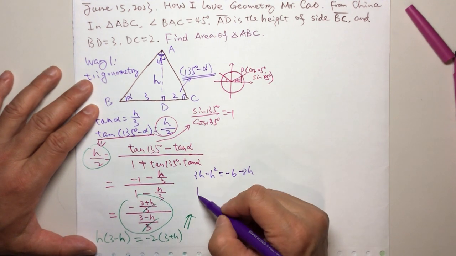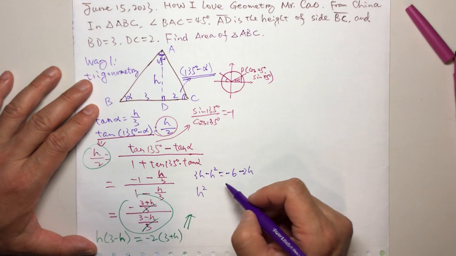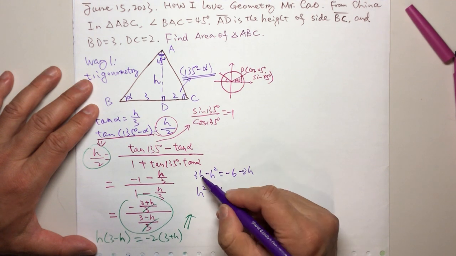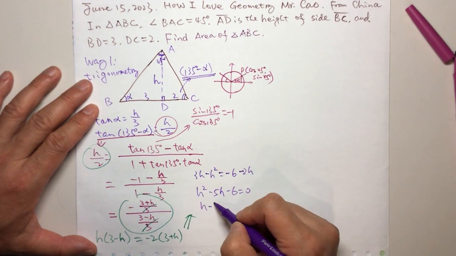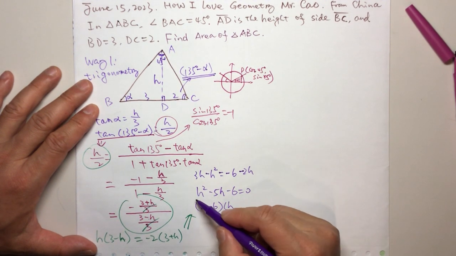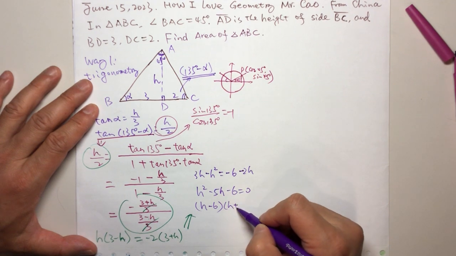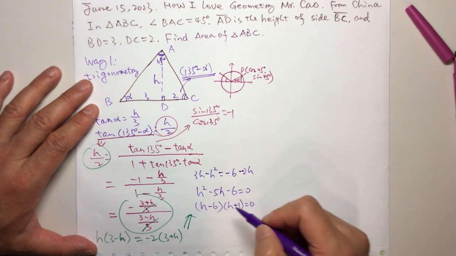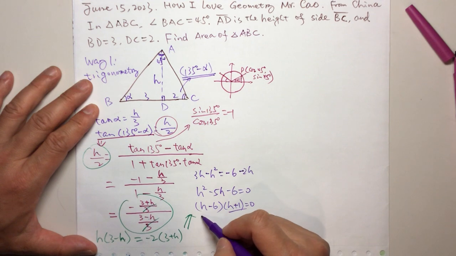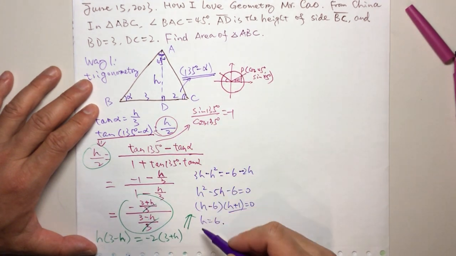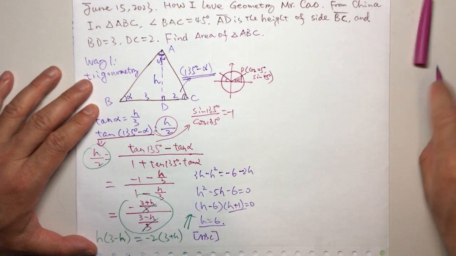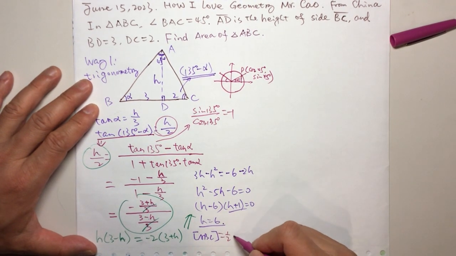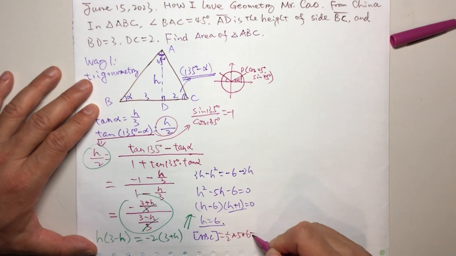We will get h squared minus 5h minus 6 equals 0. By factorization, h minus 6 times h plus 1 equals 0. We reject this one, and h equals 6. So the area of ABC, finally we found, is 1/2 times 5 times 6, so it's 15, right?